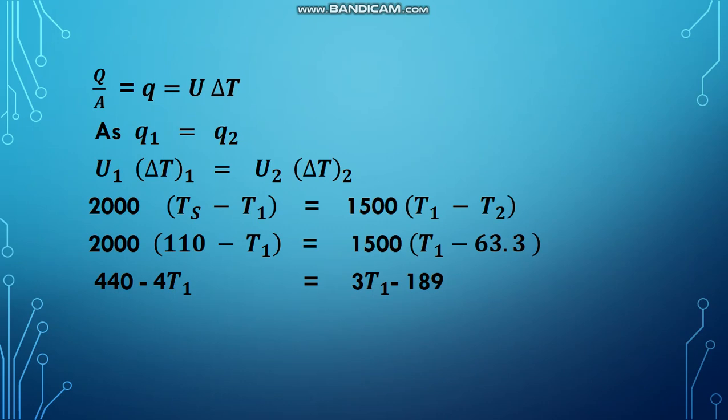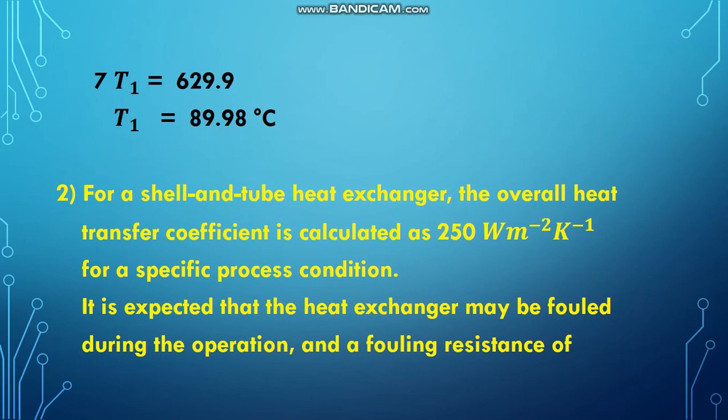Now multiplying, the equation becomes 440 minus 4T1, which is equal to 3T1 minus 189.9. Solving this equation, we get 7T1 is equal to 629.9. From this, T1 becomes equal to 89.98 degree centigrade.